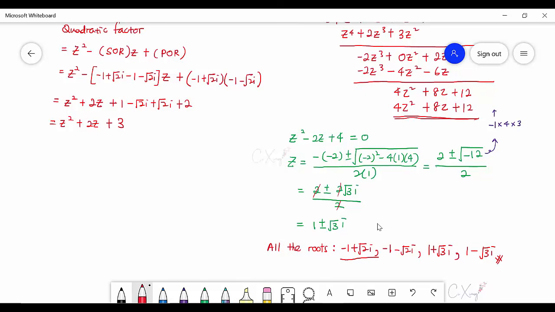Again, this shows that when we have z power 4, our roots might go up to 4 roots. And these are all the 4 roots that we can find, and all of them are complex numbers.